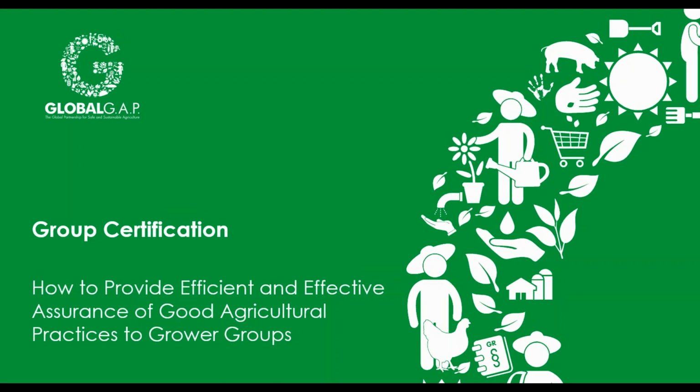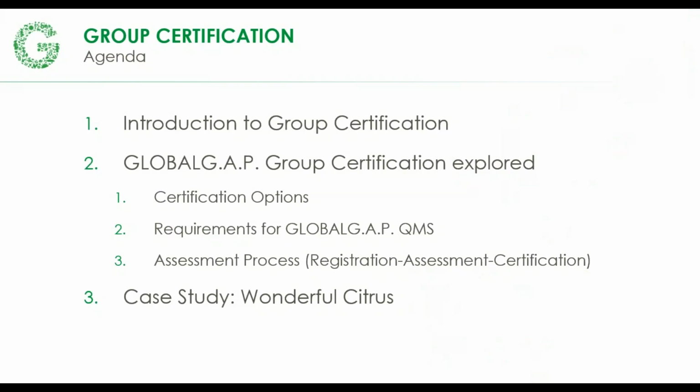Thank you. So I hope that video was a good snapshot for all of you of what we're going to be talking about today. The agenda is that we're going to start with just an introduction to the concept of group certification, and then we're going to dive a little bit into Global Gap's system for group certification as an example. We will explore the certification options that Global Gap offers.